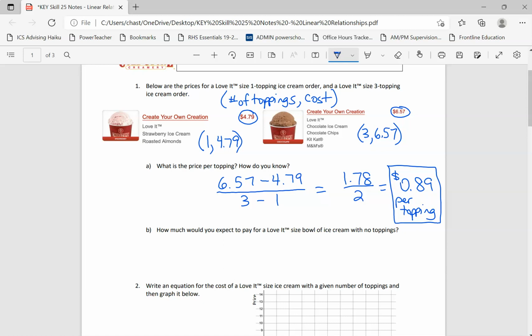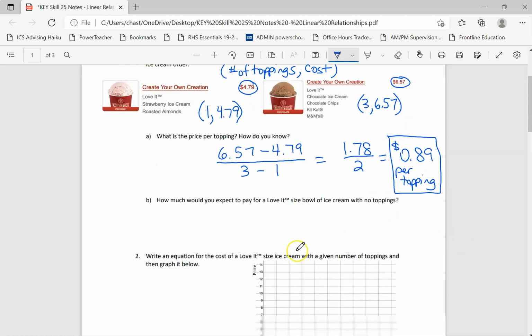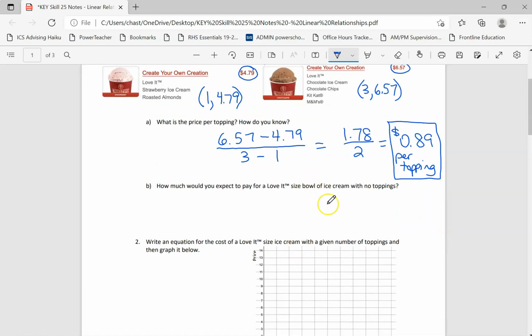Okay, how much would you expect to pay for a love it size bowl of ice cream with no toppings? Well, we know 1 topping is 89 cents. When we had 1 topping, it was $4.79. If we subtract off 89 cents, meaning, whoops, not sure where I'm getting the 0.08.